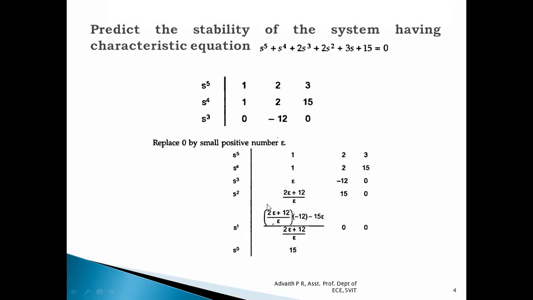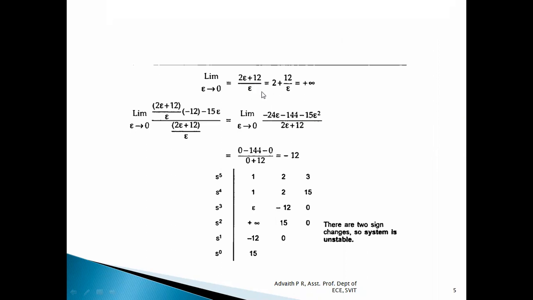So when we apply limit epsilon tends to 0 for 2 epsilon plus 12 divided by epsilon, what we have done here is, we have taken epsilon as common. When we take LCM, 2 epsilon plus 12 divided by epsilon is the value which we have got here.